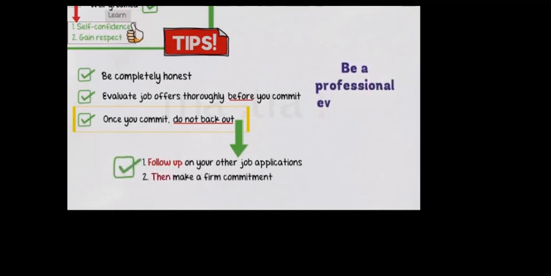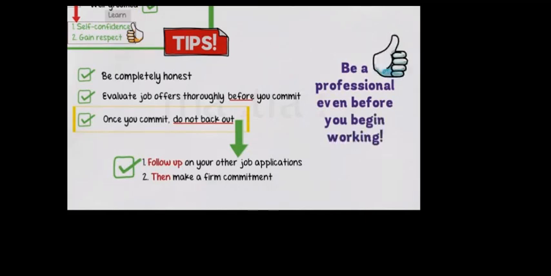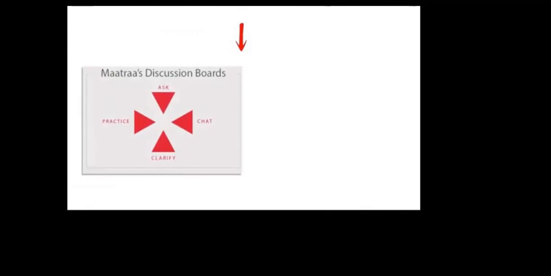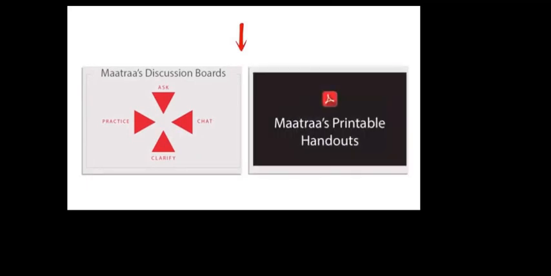Aim to be a professional even before you take up a job. It will take you a long way in your career and you will have an edge over a lot of people. Join in the conversations on Matra's discussion boards. This is a lot of practice by itself. Download Matra's printable handout for more detailed tips.